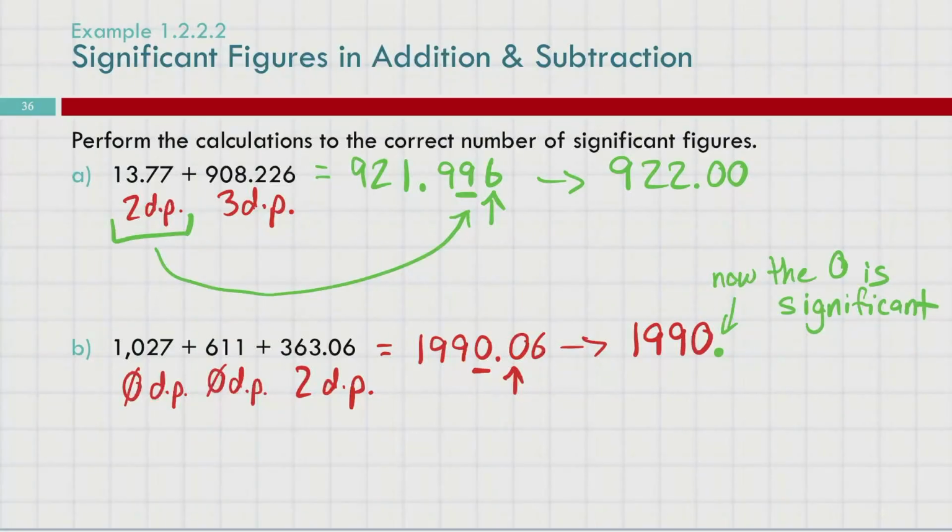This works if we had two zeros and only one of them was significant. We cannot use this option here. In this case, all the zeros that are trailing are significant. We can use this option, just write a decimal point. Our other option is scientific notation. 1.990 times 10 to the 3. Those are the same number, showing the same number of significant figures. They're just different ways of writing them.